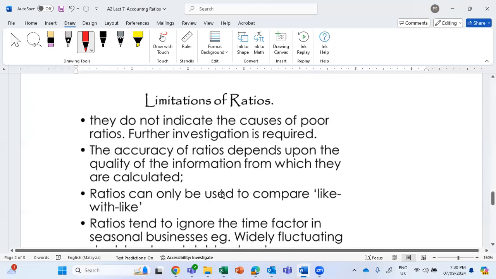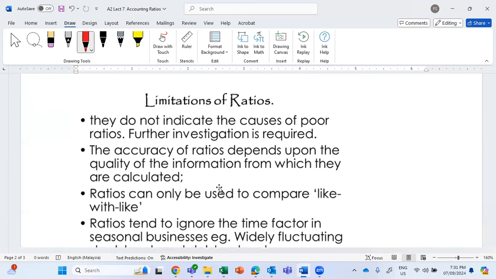Okay, and ratios can only be used to compare like with like, meaning same industry to same industry, and probably same size to same size company. So for example, if I run a construction company, I cannot compare myself with say a furniture manufacturing company. Anyway, why would I want to do that anyway, right?